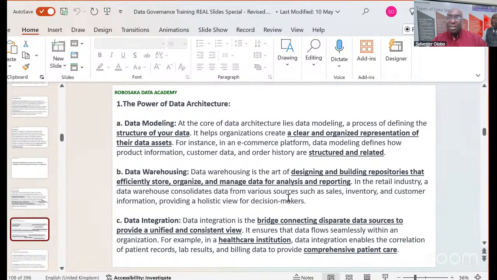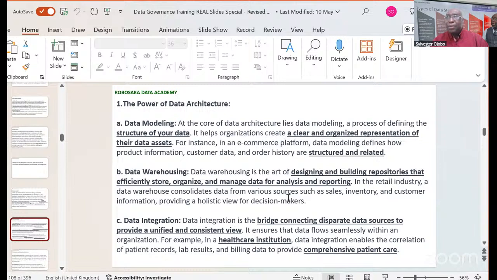On that basis, authority can cascade from the top to the bottom, while responsibility and accountability flow from the bottom up. So it has to be a well-structured way of how data can be taken care of.